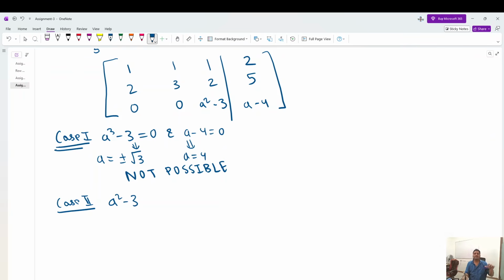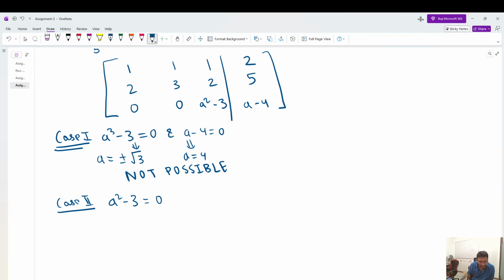Once you have this 0, 0 kind of row, one row becomes 0, so at least one variable becomes independent. In that case, you have infinitely many solutions. But this is not the case here. These observations will help you develop further logic in what you will study in this course.